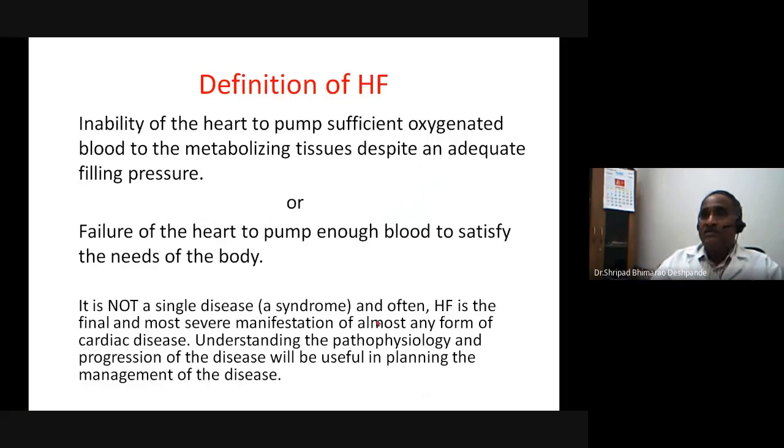Now, just revise the definition of the heart failure. It is an inability of the heart to pump sufficient oxygenated blood to the metabolizing tissues despite adequate filling pressure, or just simply failure of the heart to pump enough blood to satisfy the needs of the body.